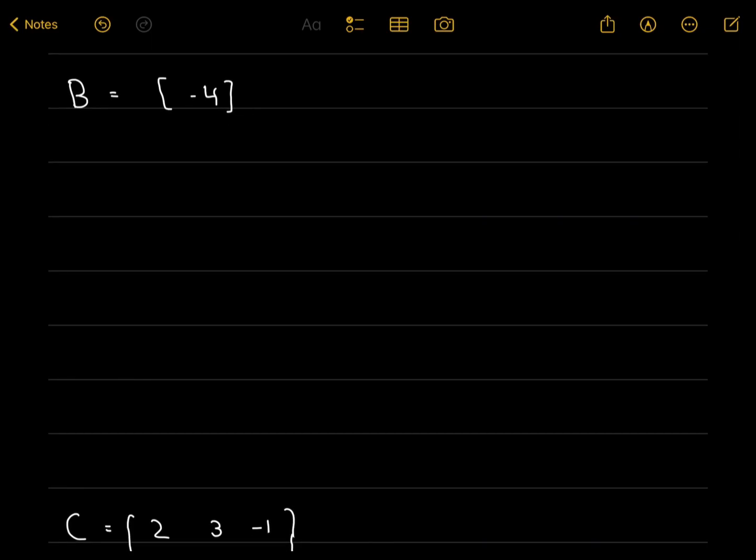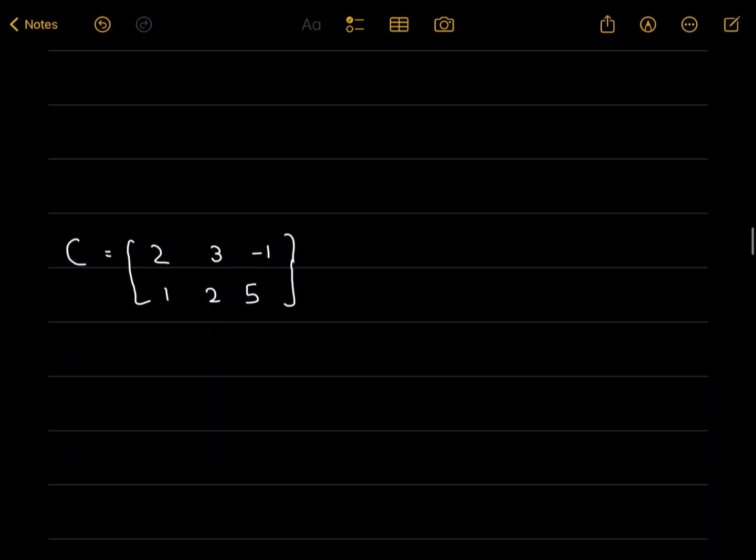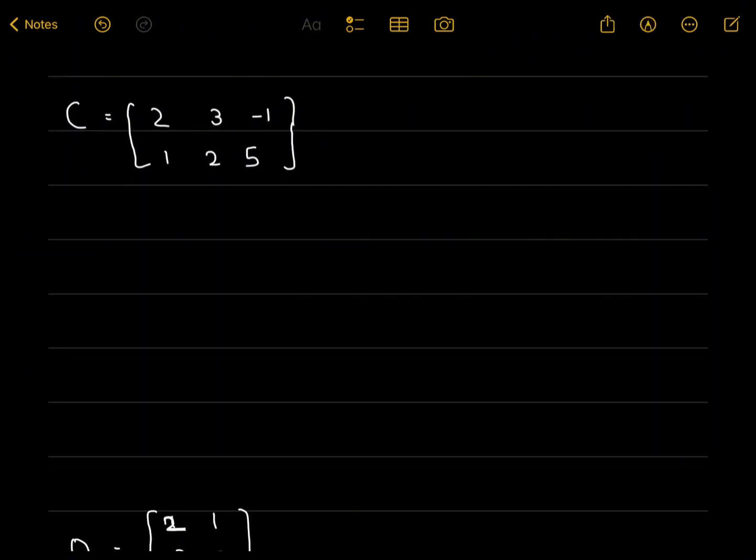Next is part B, it's -4. So the number of rows is equal to the number of columns because there is 1 row and 1 column. So B is equal to 1 row and 1 column. Similarly, if we go to part C, the order of matrix C is, 1, 2, so we have 2 rows here, and 1, 2, 3 columns.